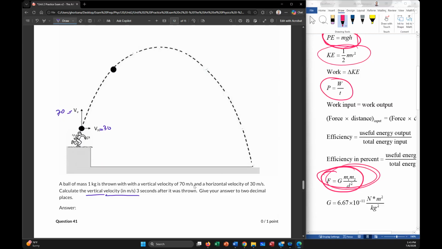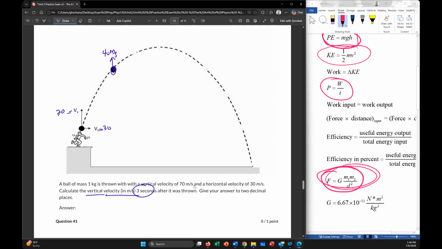It was 70. 1 second later it becomes 60, another second becomes 50, so 3 seconds later, what is the velocity? 40 meter per second. Yes, it's 70 here. 3 seconds later here, what is the velocity? 40 meter per second. Why? Because for each second the velocity decreases 10 meter per second. Make sense?